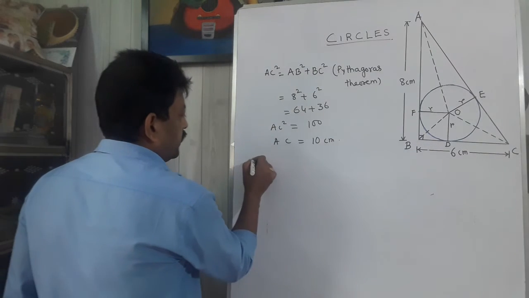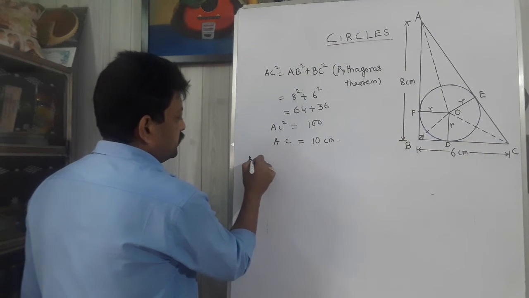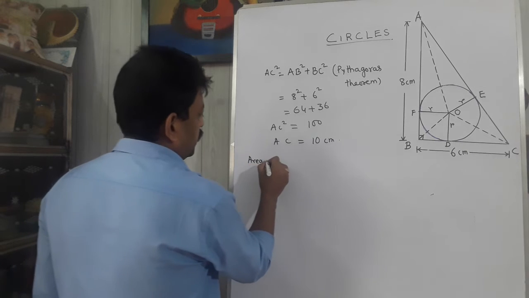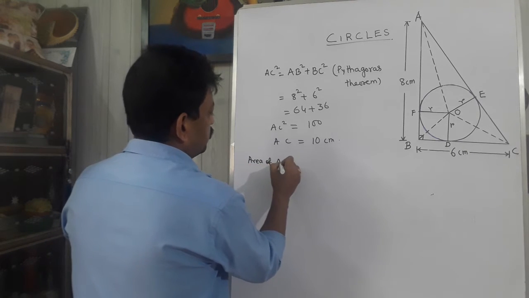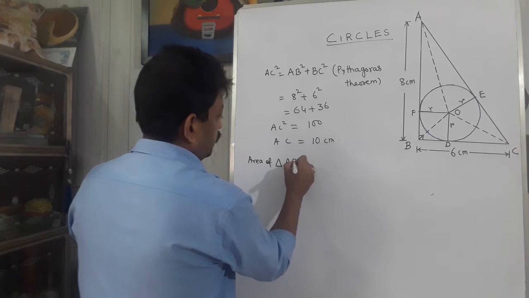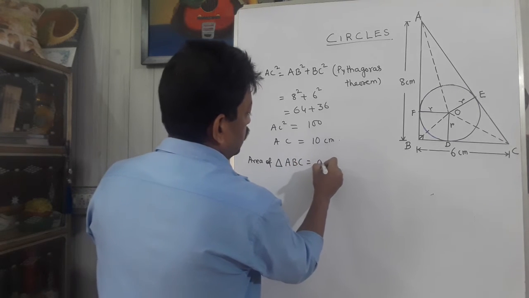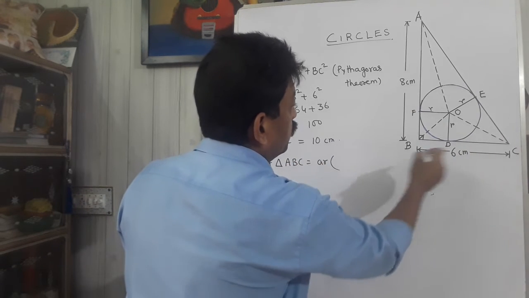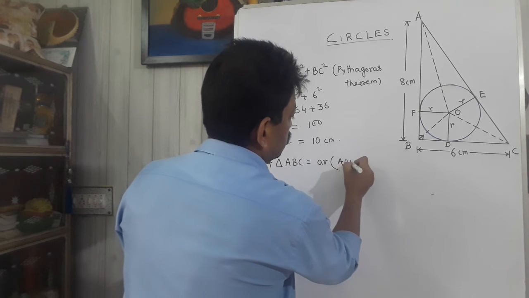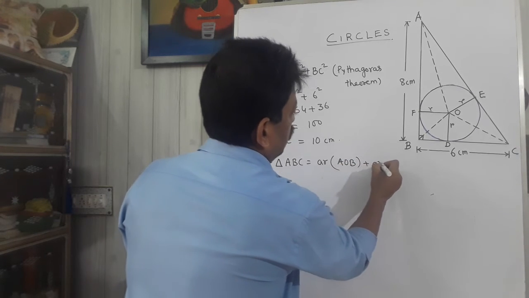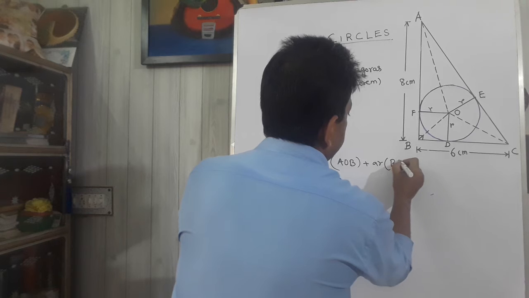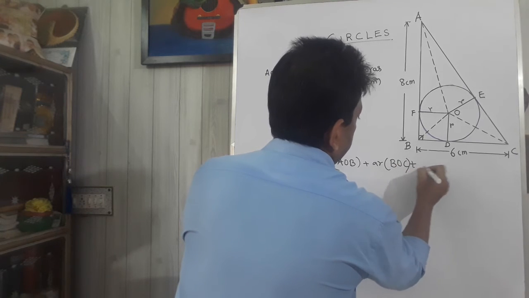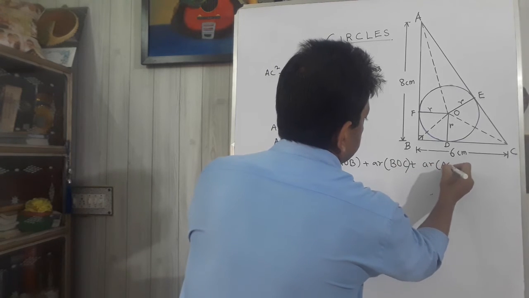Now, what is the area of triangle ABC? Area of triangle ABC is equal to area of triangle AOB plus area of triangle BOC plus area of triangle AOC.